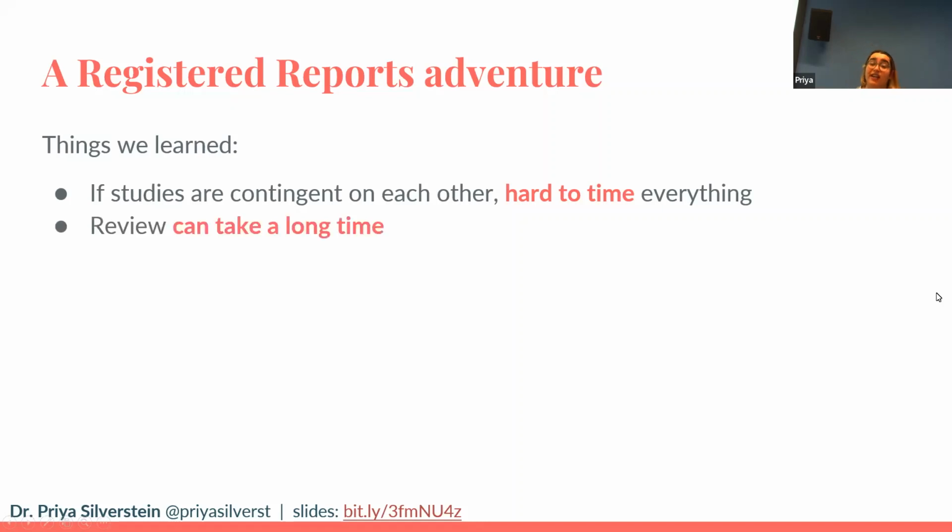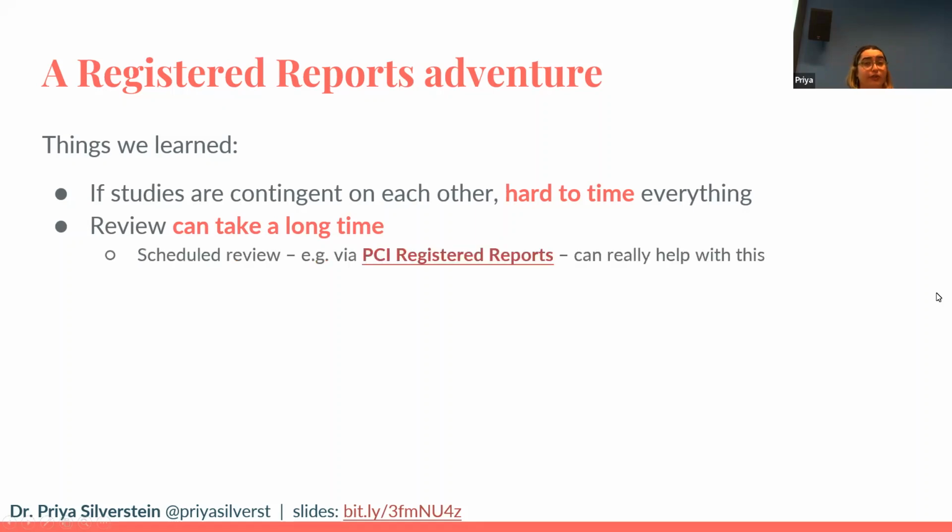Review can also take a really long time. I can't remember the exact timing, but I think you can imagine how long a review takes normally and assume it's pretty much the same. But something that can really help with that is scheduled review, which some journals do offer, and also PCI Registered Reports, which I'm happy to talk more about in the Q&A, which isn't a journal, but connects with journals.